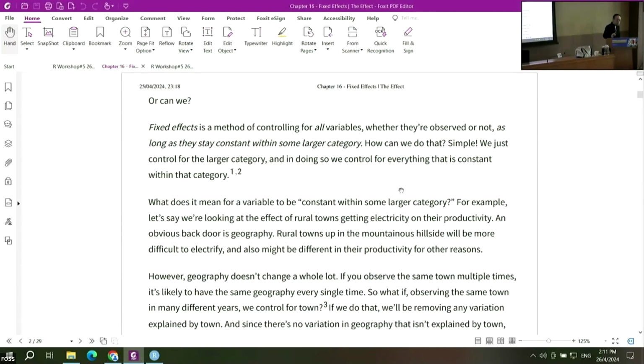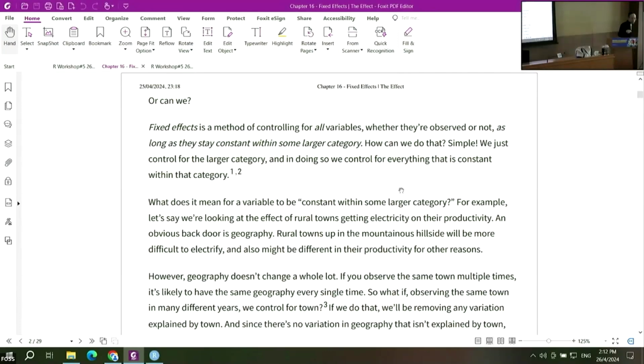However, geography doesn't change a whole lot. If you observe the same town multiple times, it is likely to have the same geography every single time. So what if, observing the same town in many different years, we control for town, meaning that we are doing fixed effects for town?